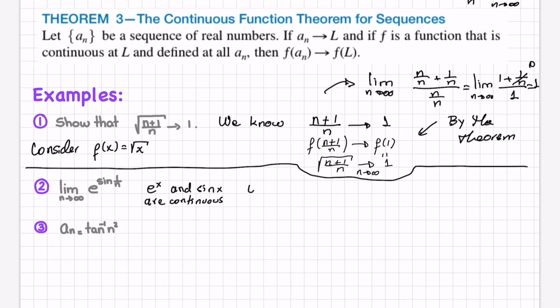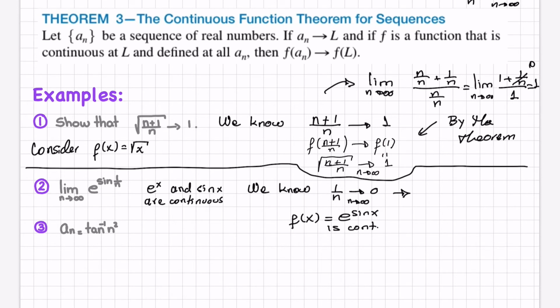But we know that 1 over n approaches 0 as n approaches infinity. Then, by the theorem, let's take f of x, e to the sine of x. That is continuous because it's a composition of continuous functions. So if you take this on both sides, you get the limit, right?